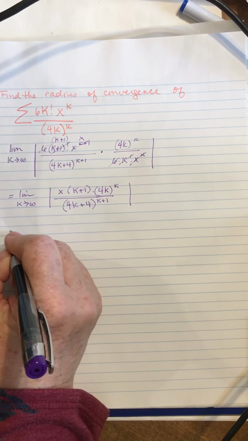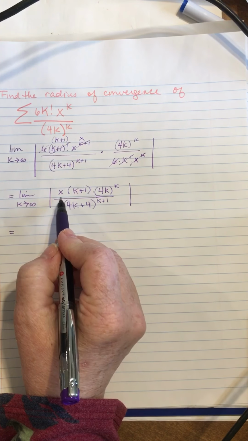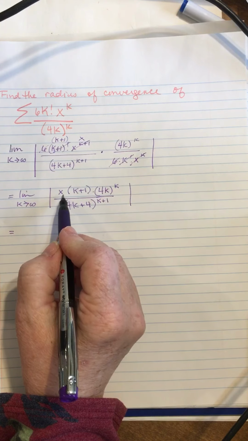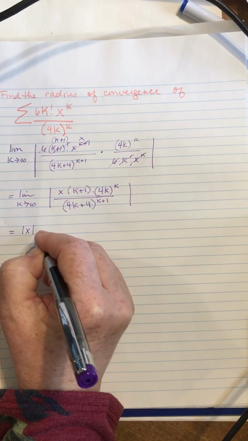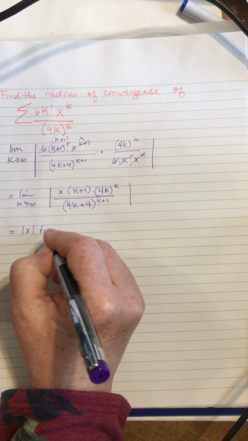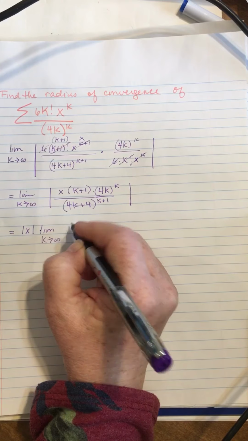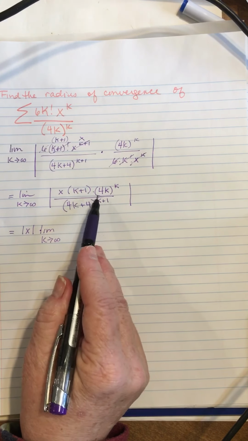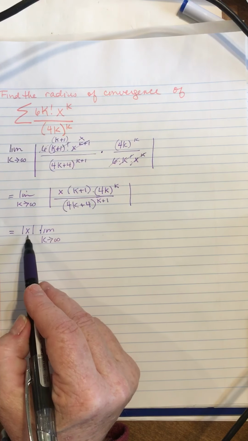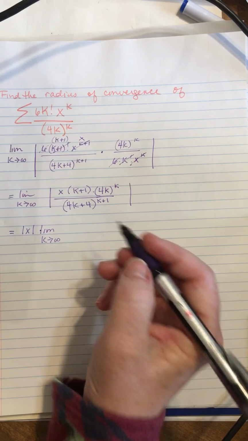Now let's see, is there anything we could do for simplification there? Since we're talking about the limit as k approaches infinity, I'm going to break that absolute value of x out front. So we'll have the absolute value of x times the limit as k approaches infinity of, the k's are all positive, so we don't really have to have the absolute value there. I did keep the absolute value around the x because I don't know if x is positive or negative.